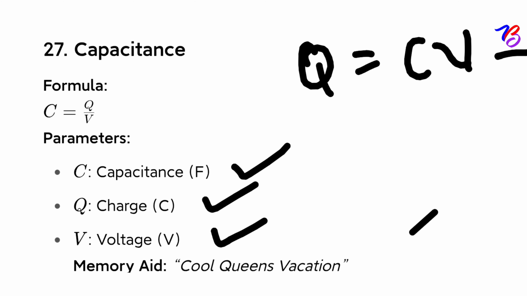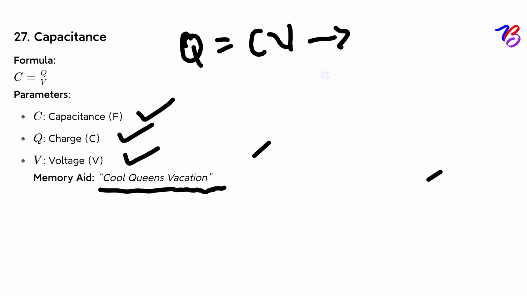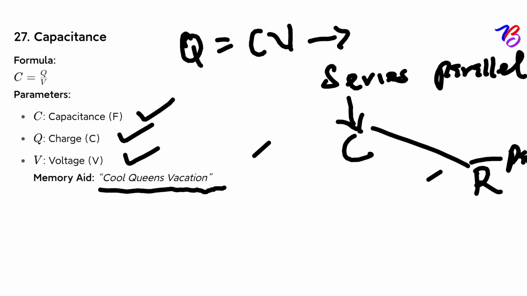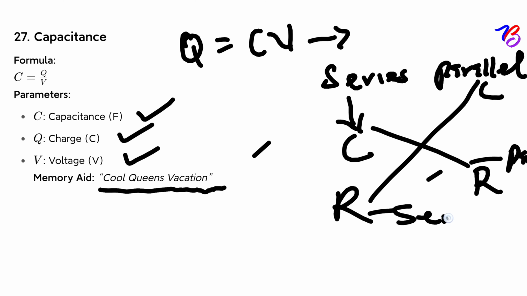And don't forget also that you can resolve capacitance in series and in what? Parallel. Are we together? The concept for capacitors in series is what you use for resistors in parallel. Then what you use for capacitors in parallel is the same as resistors in series.